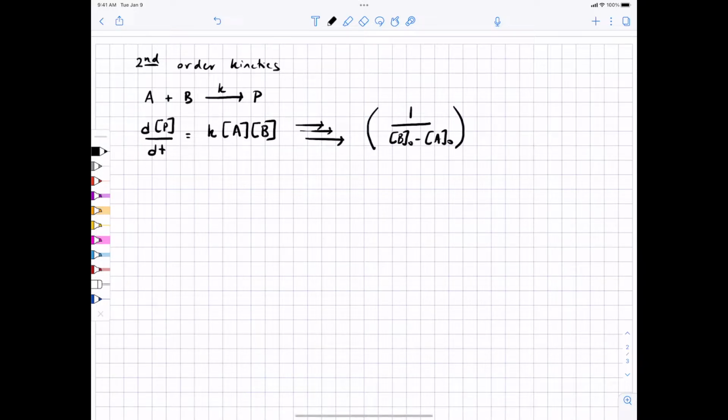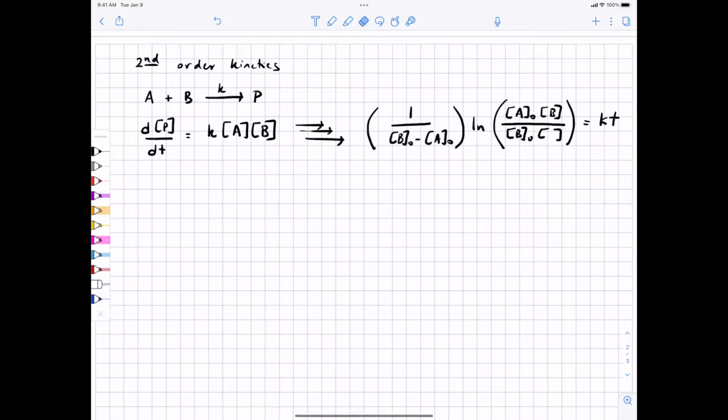So if you know the starting concentration of B and the starting concentration of A as indicated by these subscripted zeros, then if you take the natural log of the following expression, starting concentration of A times actual concentration of B as a function of time, divided by starting concentration of B times the actual concentration of A as a function of time, that is equal to rate constant times time.